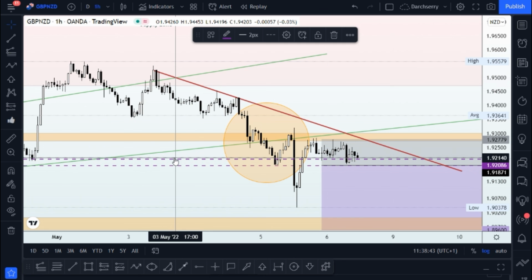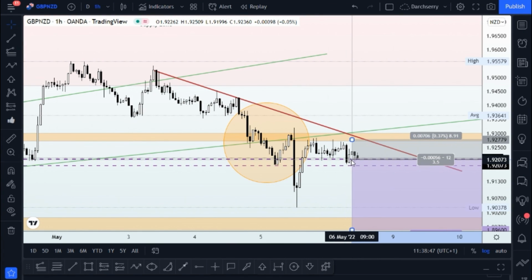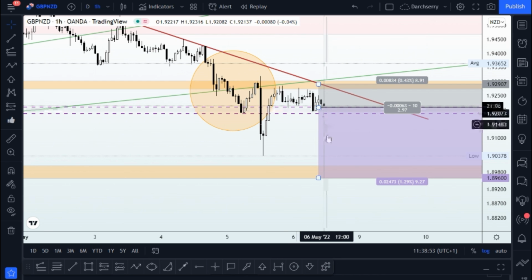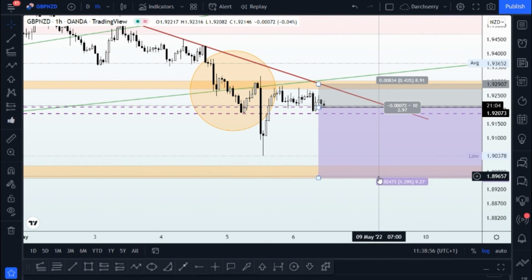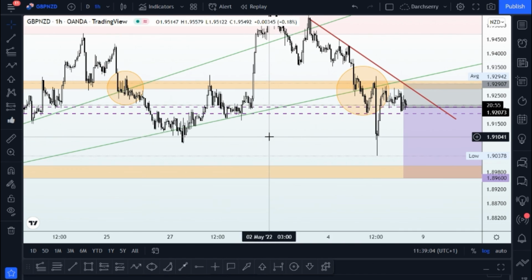We can move our entry to somewhere around here, so that our stop loss will be around 80 pips thereabout. So we can look at something around this area that will be having around 250 pips approximately as take profit target. So this is this on GBP New Zealand.